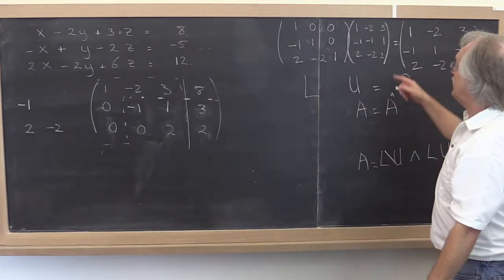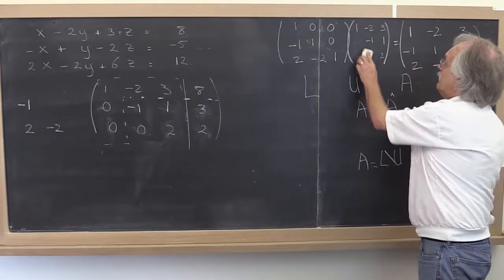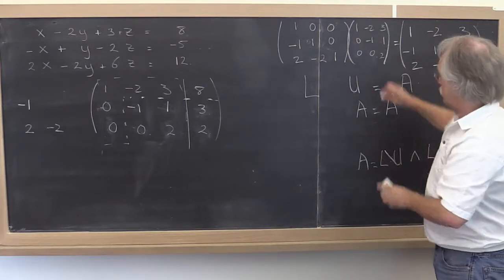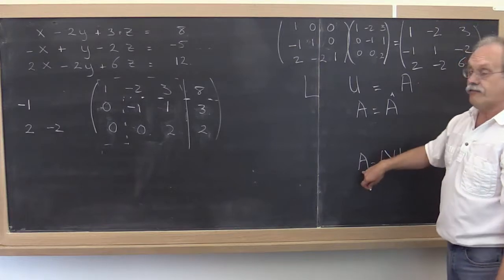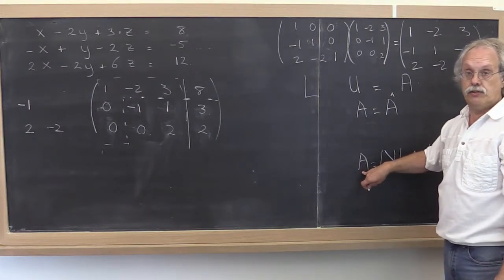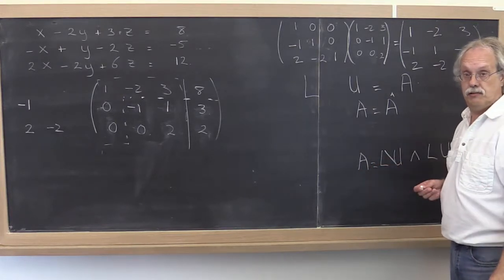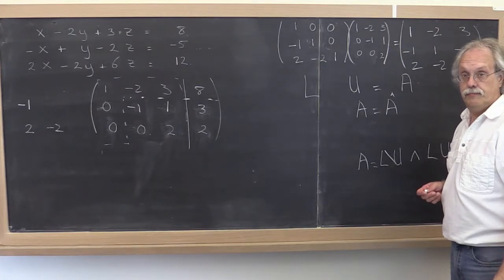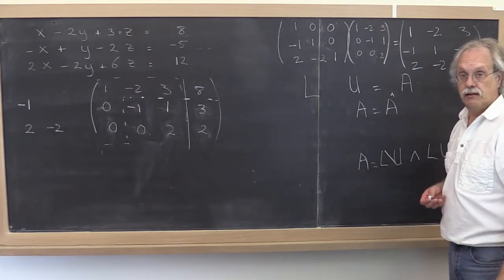What that means is that you can take the result of computing the LU factorization and have it overwrite the original matrix so that you don't need additional space for the result. And that's typically how it's done.